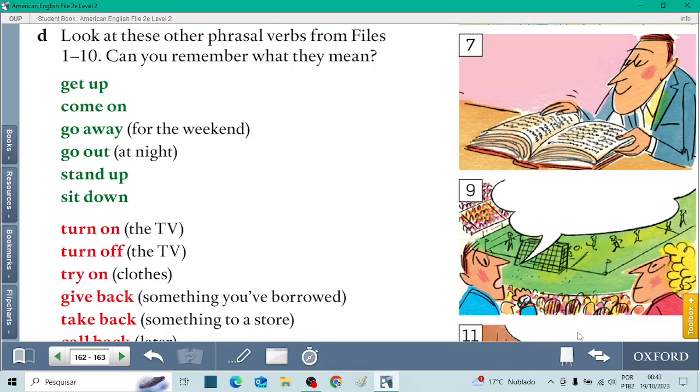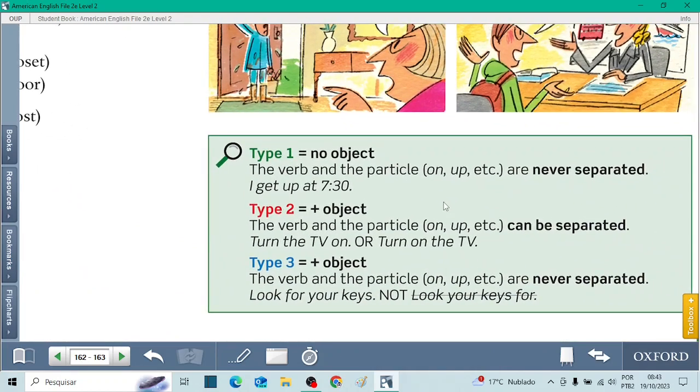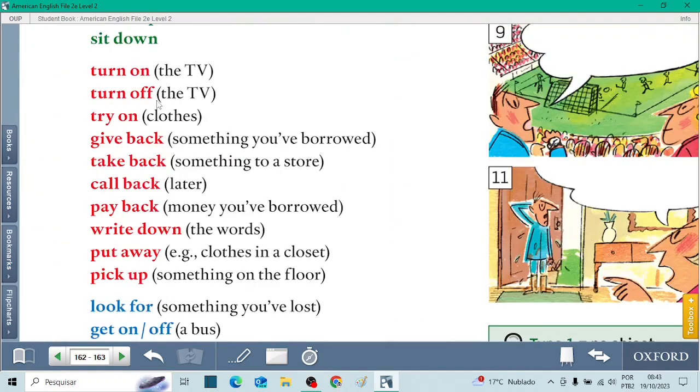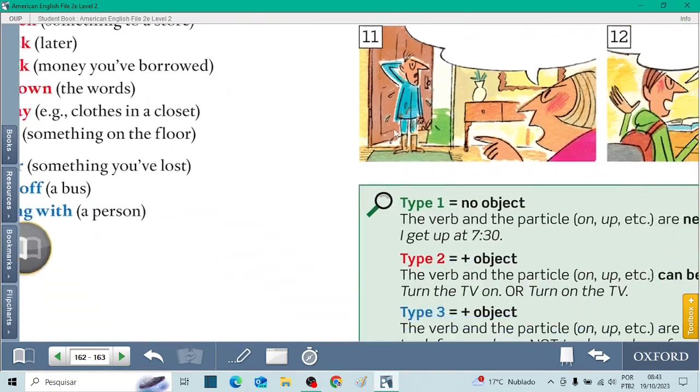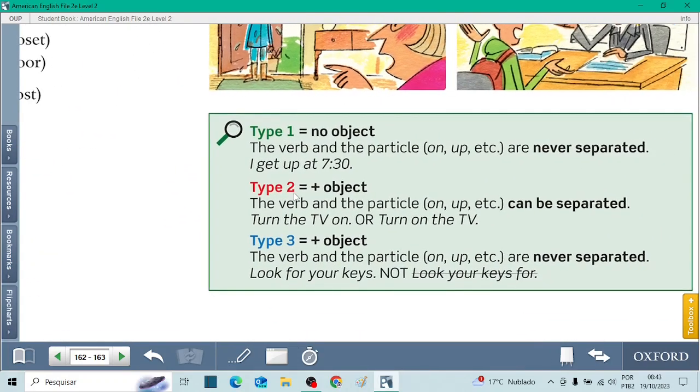These phrasal verbs can never be separated. Now, the phrasal verbs in type 2, the red ones, can be separated. You can use an object together with them. The verbs and the particles on, up, etc. can be separated. For example, turn the TV.